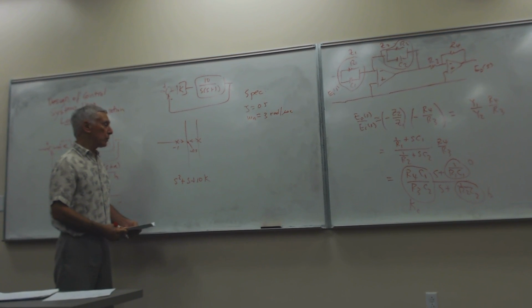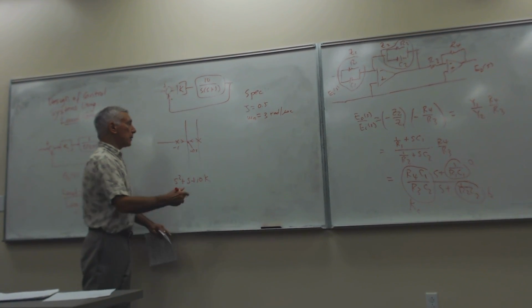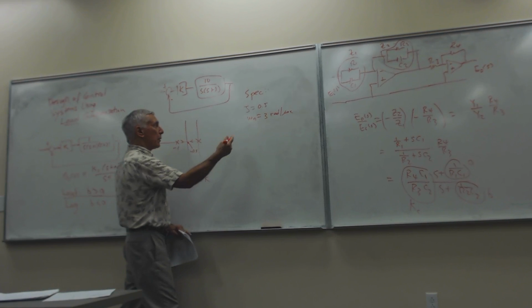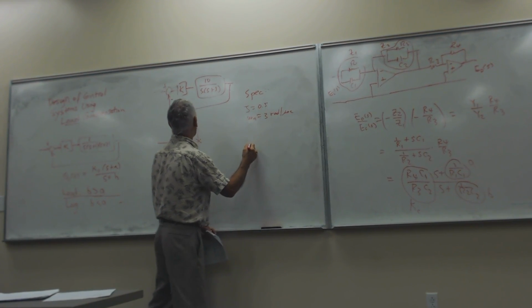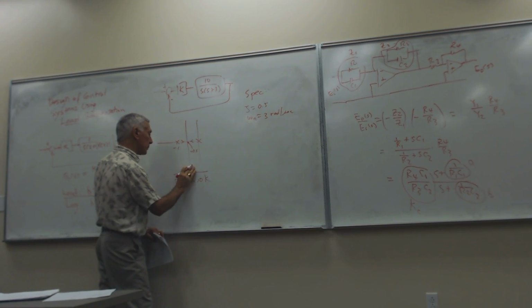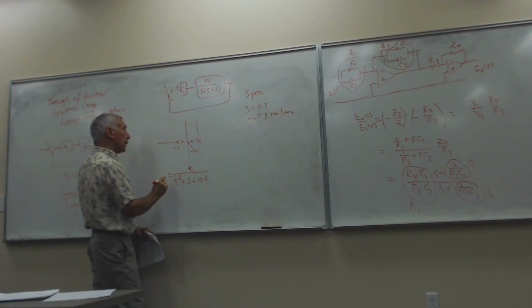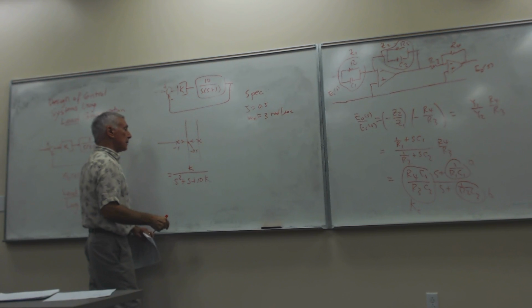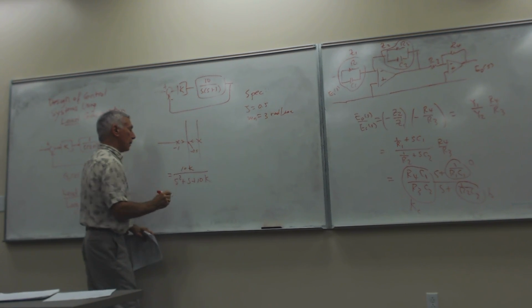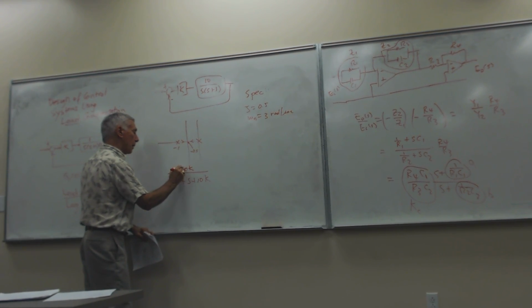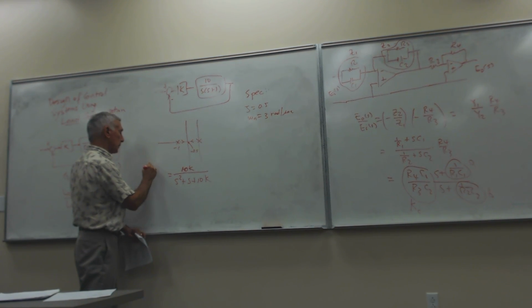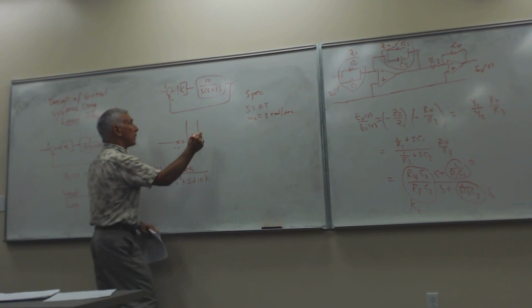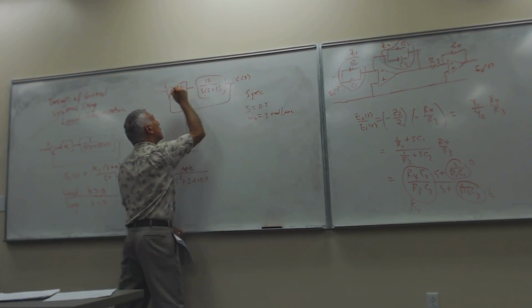And in fact, the closed loop transfer function will be the forward path gain divided by s squared plus s plus 10k, so that's C of s over R of s.